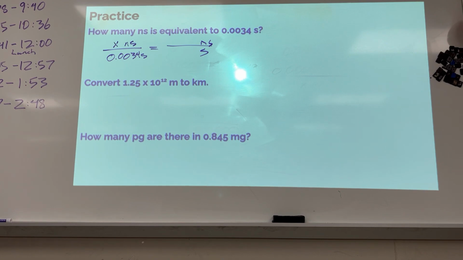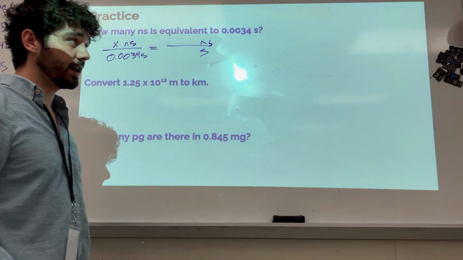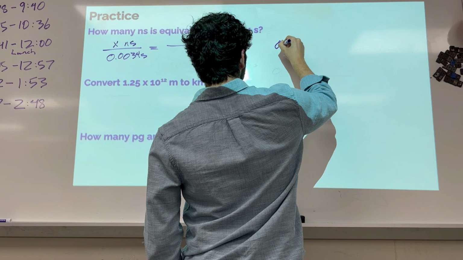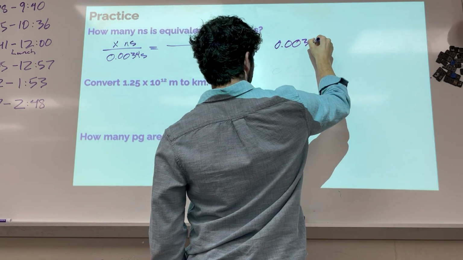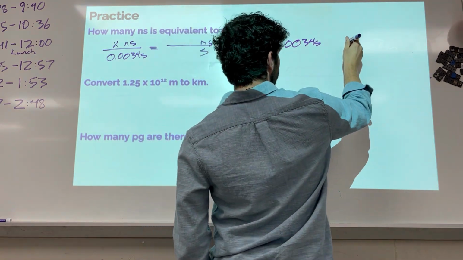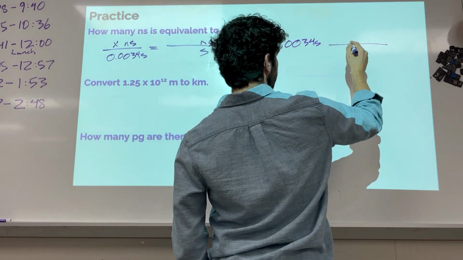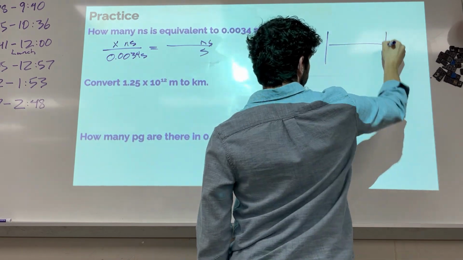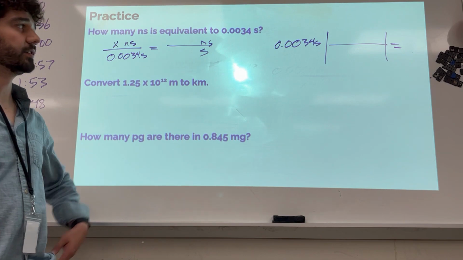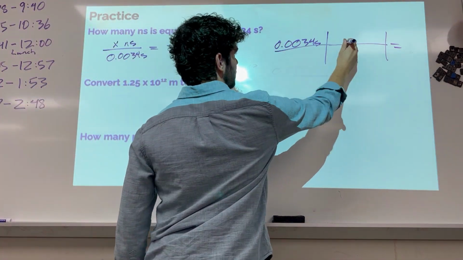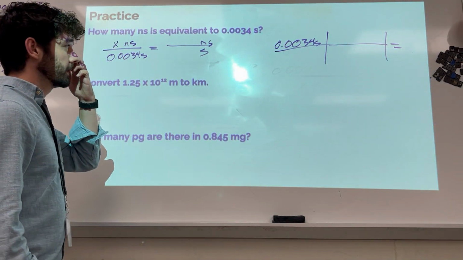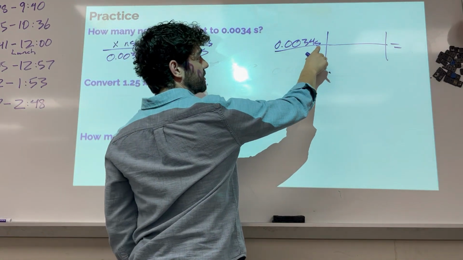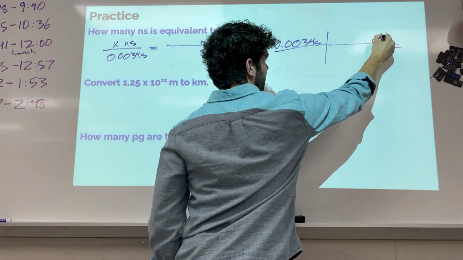Right? The picket fence way is I take what I'm given and I just multiply it by a fraction, okay? And to be lazy, instead of doing parentheses, I'm just gonna do this. There, so now it looks like a fence. Okay? And I wanna cancel this unit away. So I'm gonna put seconds here and nanoseconds on top.